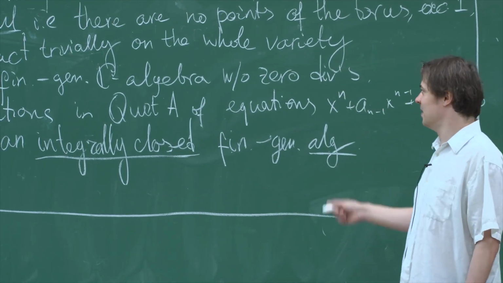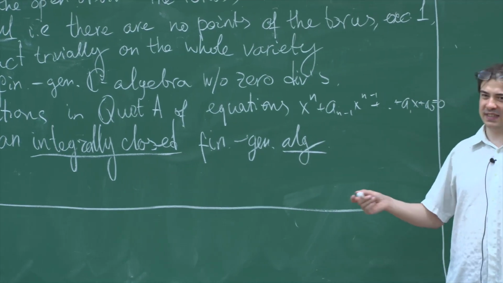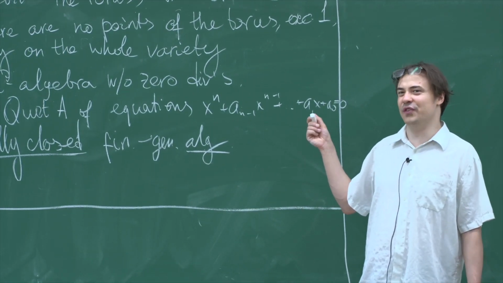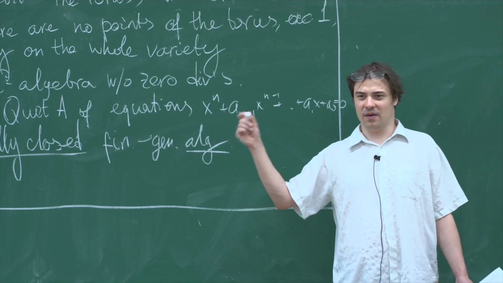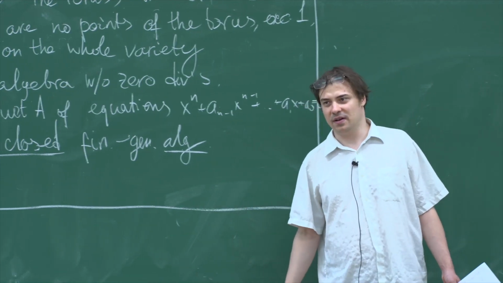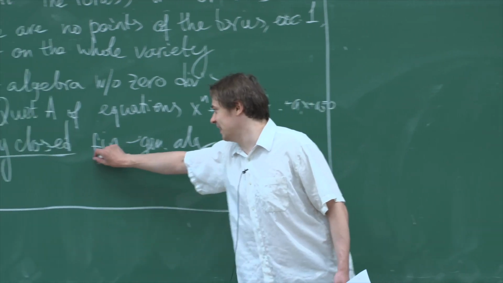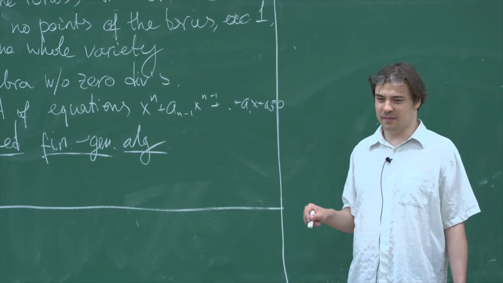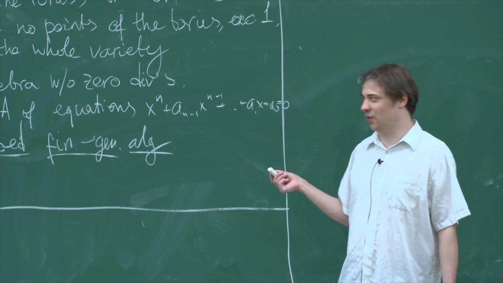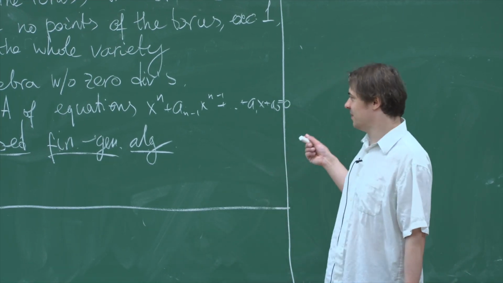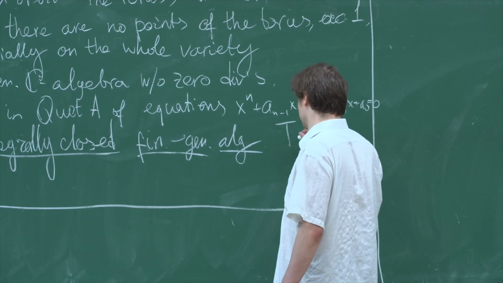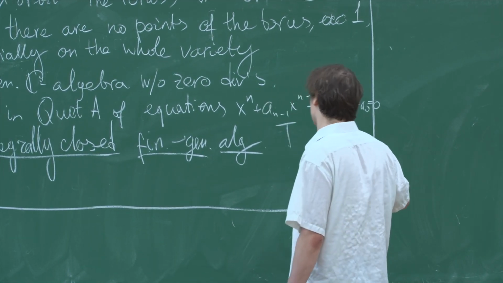That if you take all these solutions, then if you use them as new coefficients, nothing more will appear. But the hard part is finitely generated. This is hard, but it is true. So, and this algebra is called the integral closure of A.